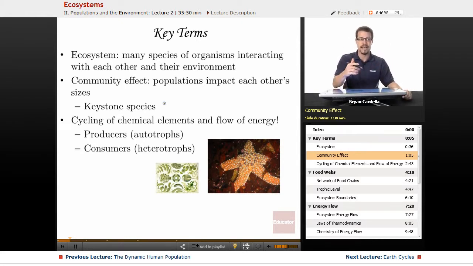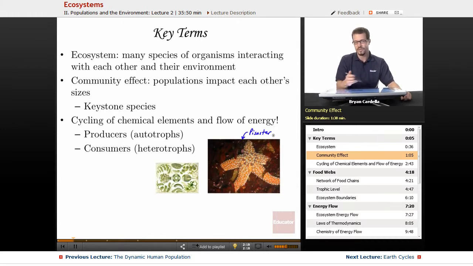Now, oftentimes it could be a secondary consumer or tertiary consumer, some kind of carnivore. But they're very important to the success of the whole system in terms of keeping different populations in check. Oftentimes, in an aquatic or oceanic ecosystem, you'll see Pisaster, which is a genus name of a kind of sea star, this kind of echinoderm.